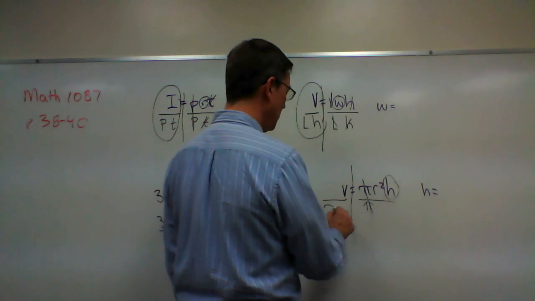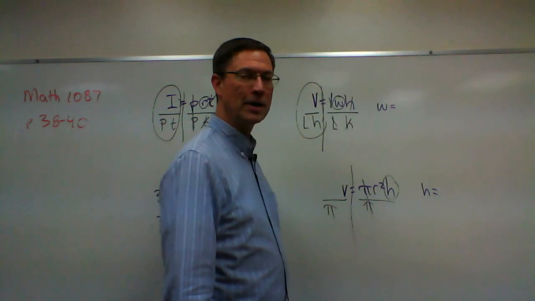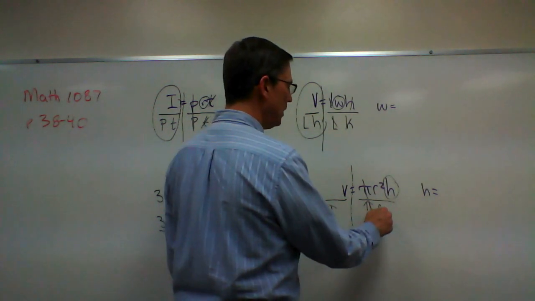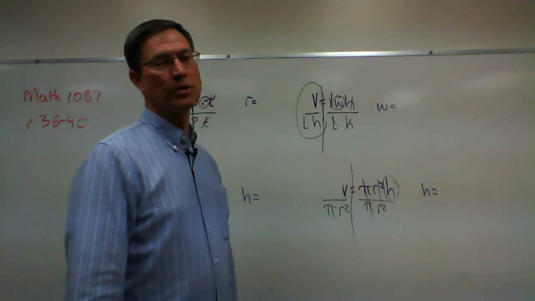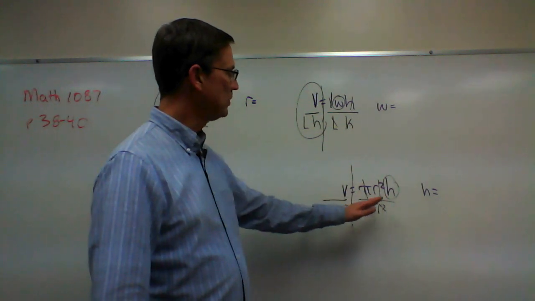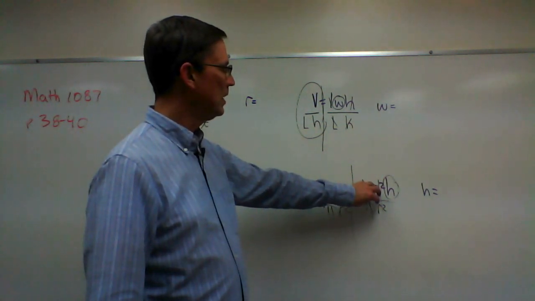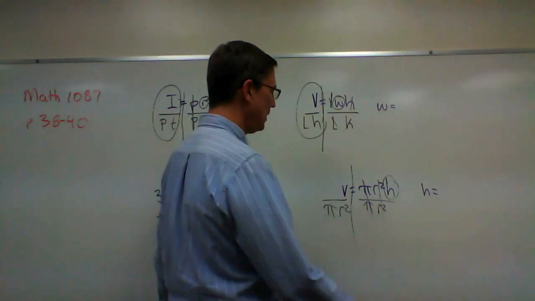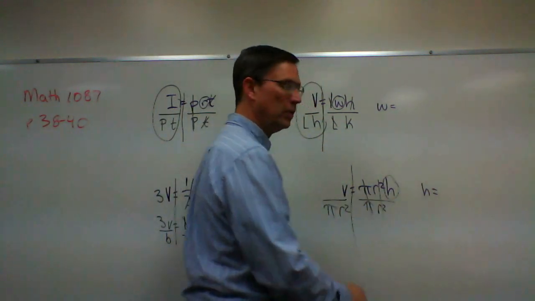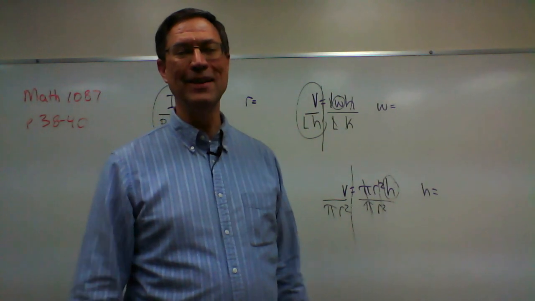Shoo! And eat the pi on this side, all right? Get rid of the r squared on this side, and so I have to do the same thing on the other side. Do the same thing on both sides of the equation. Here it cancels out, so that leaves me with just h equals, and then we would write the V over pi r squared. Easy, all right?